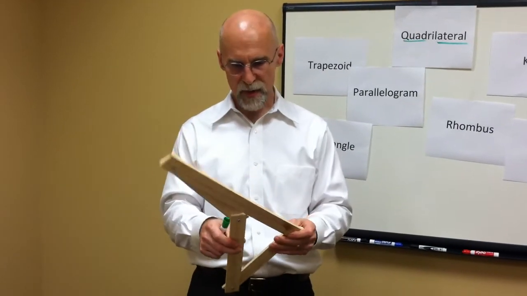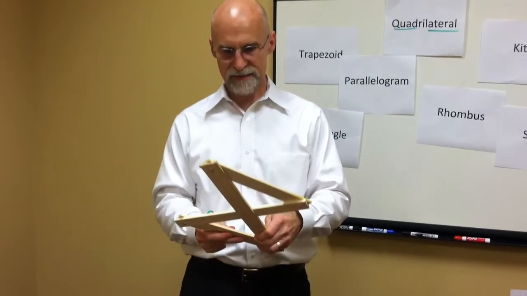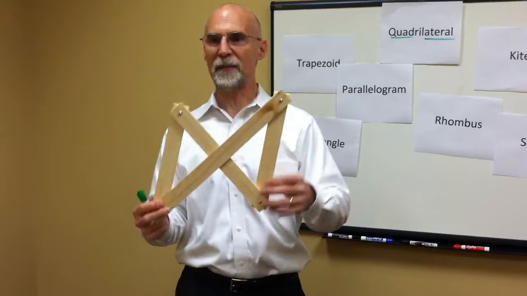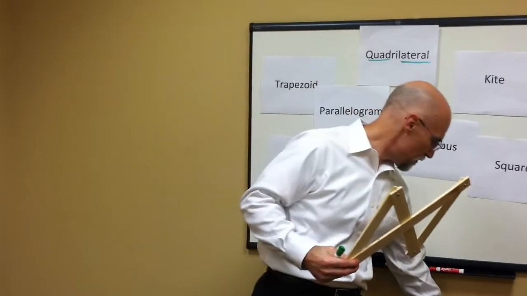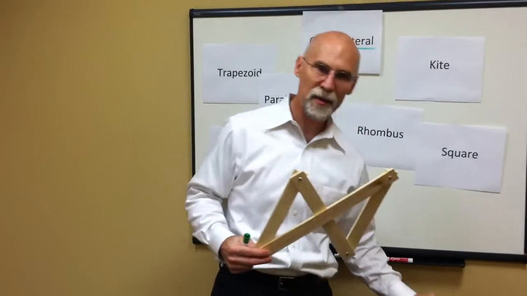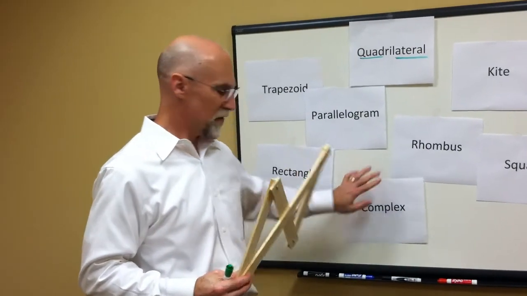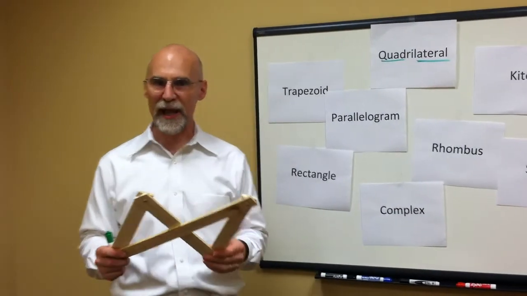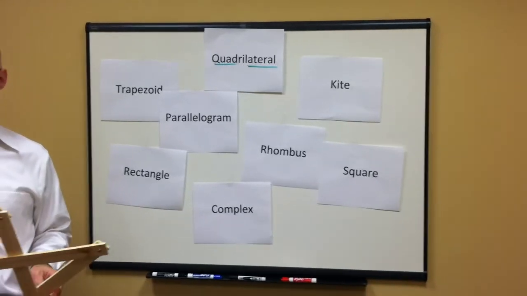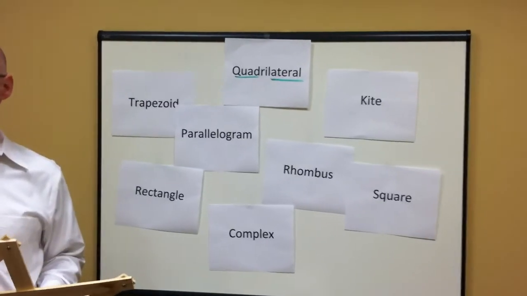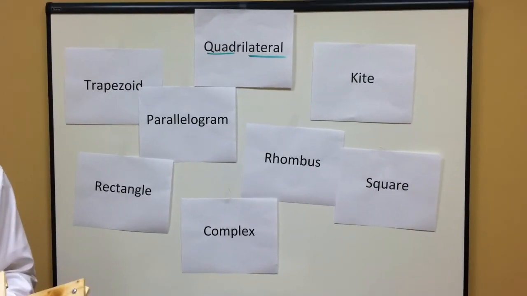Another type of complex quadrilateral might look something like this, which has even more complex characteristics than the other ones that we have looked at. So, to complete our family of quadrilaterals, let's include those we can refer to as complex and have now a fairly complete family picture of the family of quadrilaterals in the study of mathematics and geometry.